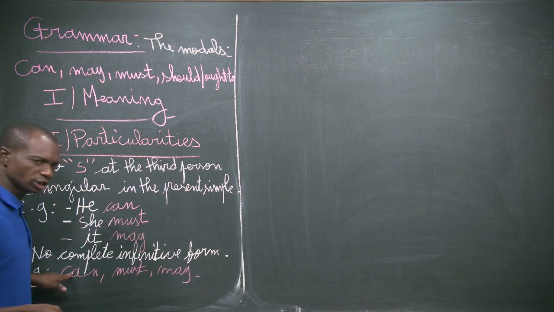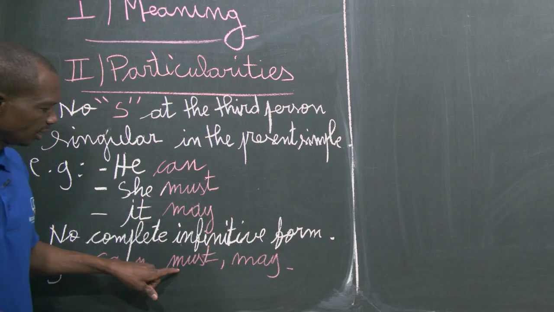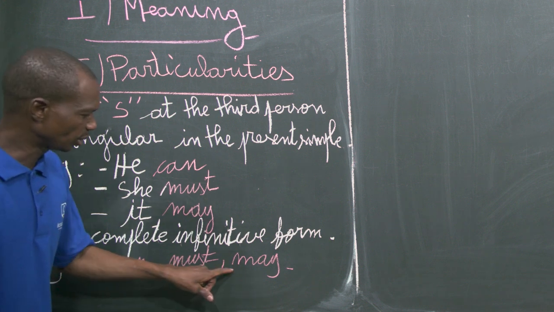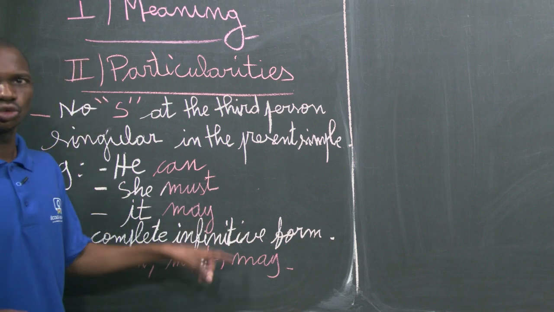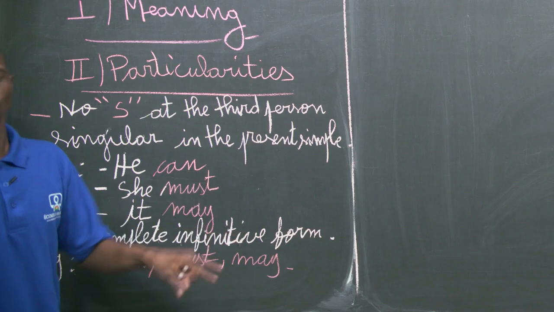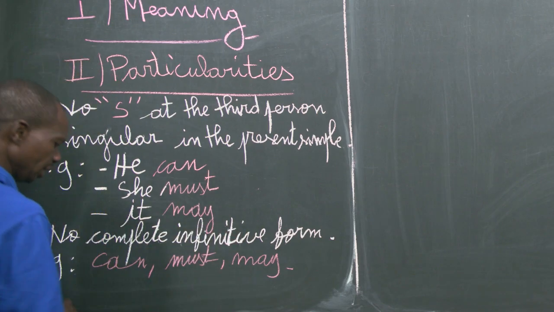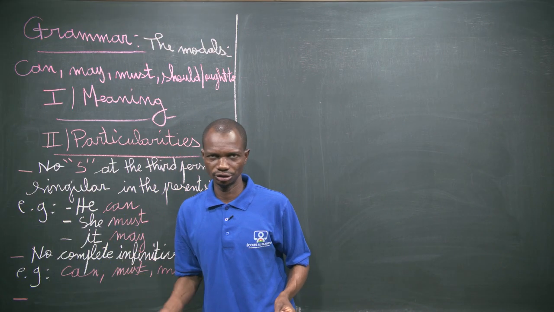We must not say to can. To can doesn't exist. We must not say to must. To must doesn't exist. We must not say to may either. It doesn't exist. We also cannot say to should. It doesn't exist. This is the second particularity of the modal auxiliaries.